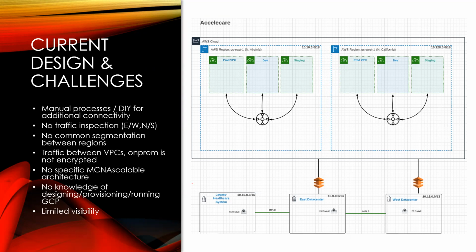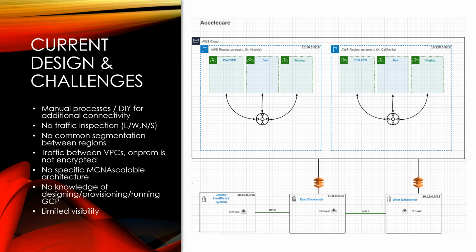And just a list of what we're looking for: some of the challenges today that we see are that the traffic between VPCs is not encrypted. Traffic between on-prem and the VPCs is not encrypted, and we're looking for suggestions on how to meet the requirements as we talked about before. Also reiterating is that we don't see any segmentation really.